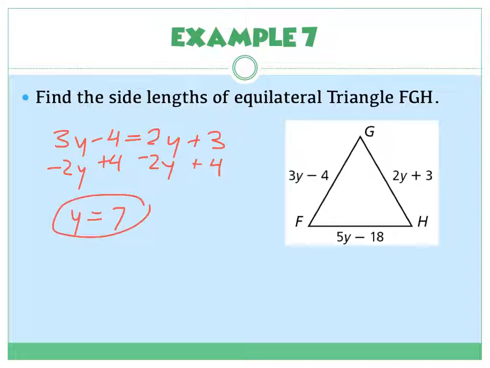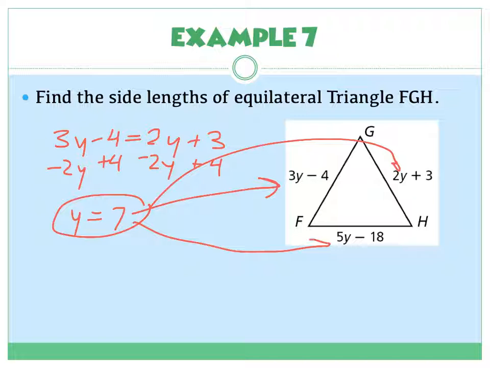So now we take this, and we plug it into all the sides. So let's plug it into side FG. So we have 3 times 7 minus 4, which is equal to 17.